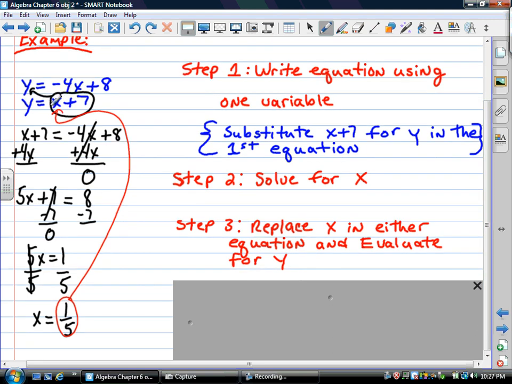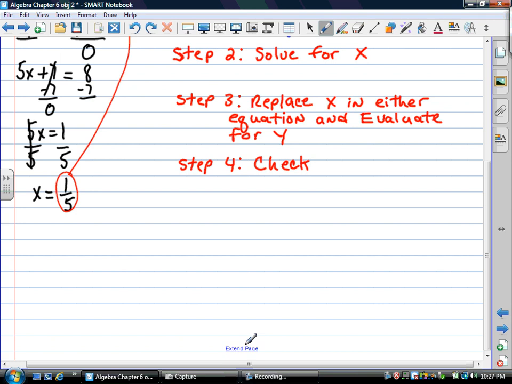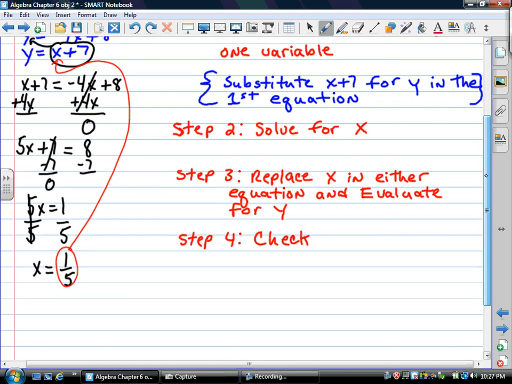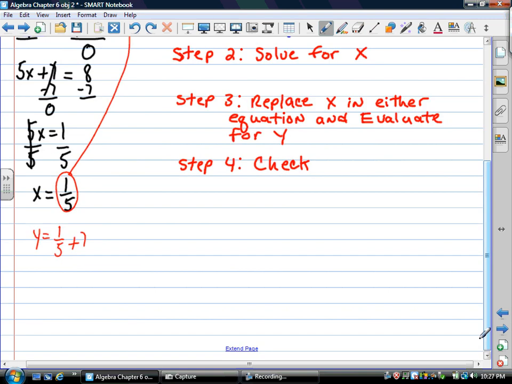When I replace this x with the x that I just found here, I get the following equation. Scroll that up a little bit. I get y is going to be equal to whatever x is, and that's 1/5, plus 7. So we get y is equal to 7 1/5.